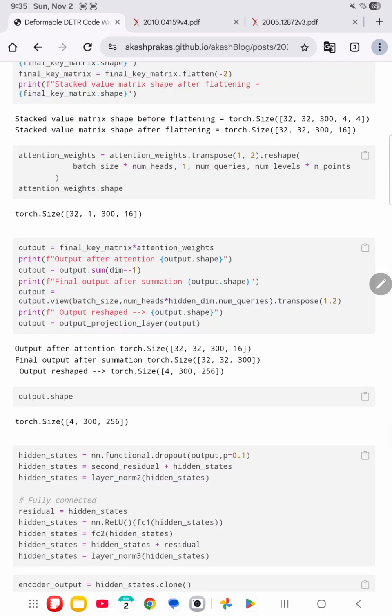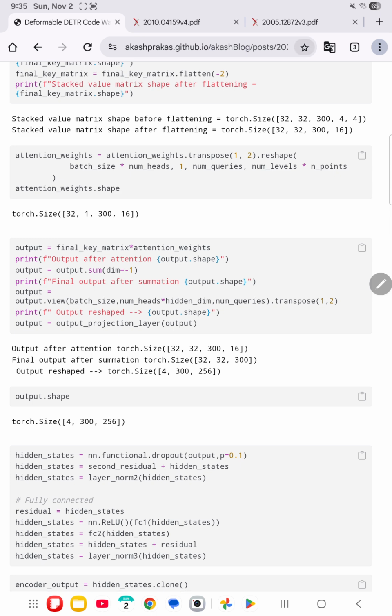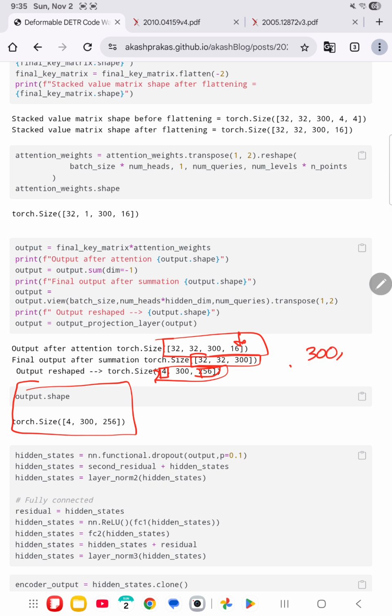After the multiplication we sum over the last dimension, then we rearrange and change to batch and head, and you get this one. So this is the output of the first cross attention layer. What we essentially did was, for 300 query points we look into 4 points in 4 feature maps from the encoder, and finally we get the encoder output like this.